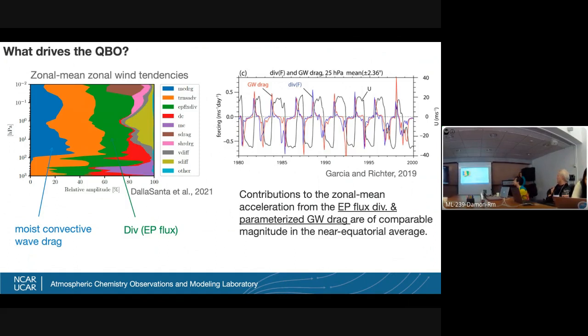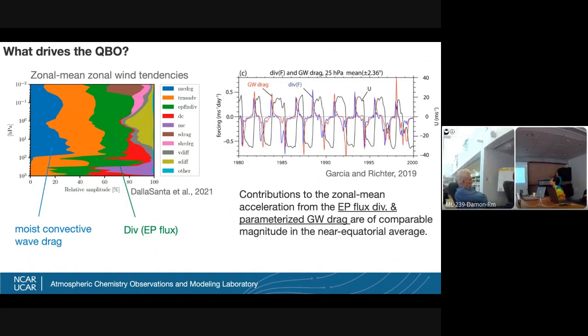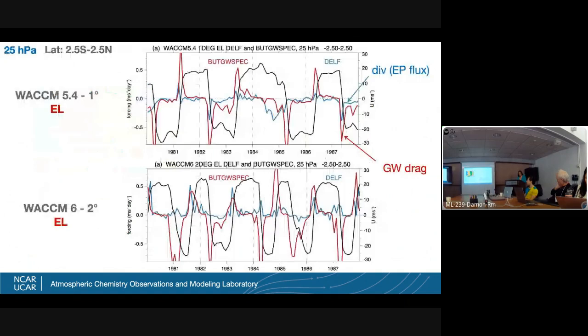On the right-hand side, this figure is from, again, Garcia and Richter, 2019. The black is zonal wind, the red is the gravity wave drag term, and the blue is EP flux divergence. What EP flux divergence and gravity wave drag do is, every time there's zonal wind acceleration, they contribute to the QBO. So let me reproduce the same plot with WACCM6 2-degree and WACCM5.4 1-degree.